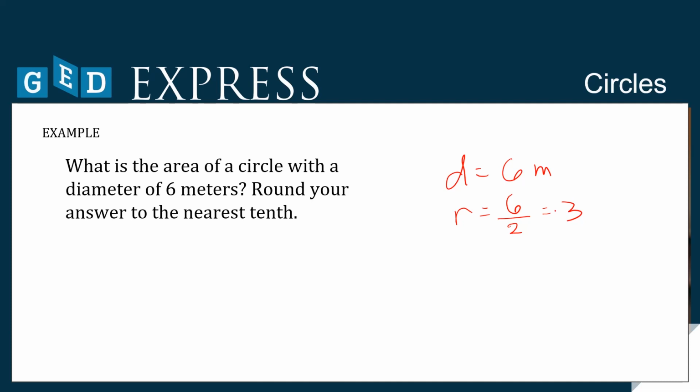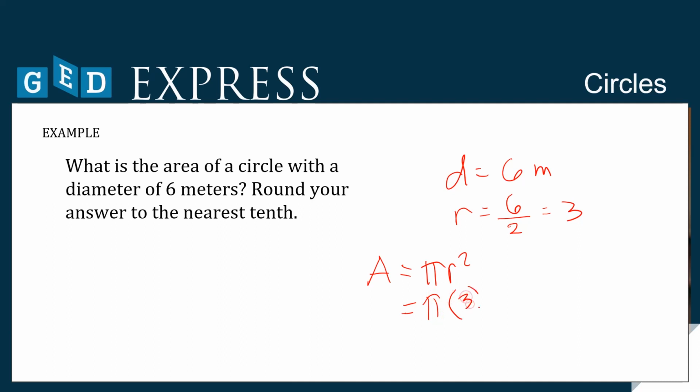Since we are looking for the area, we can use the formula area is equal to pi r squared, which is pi times r squared.